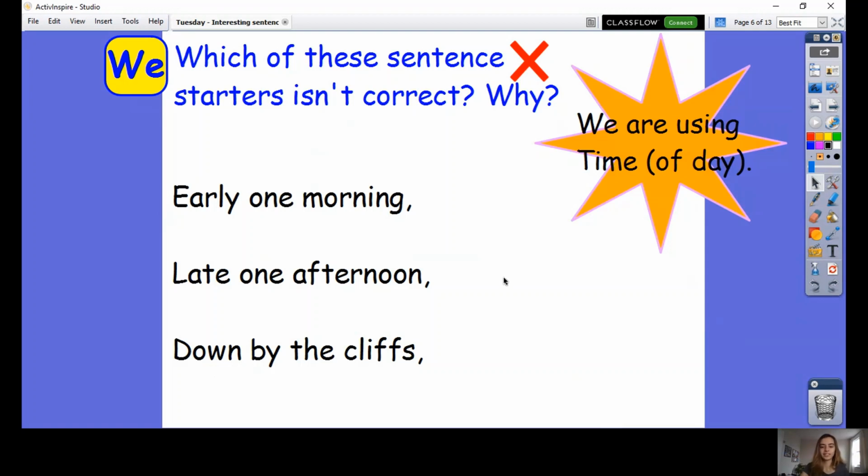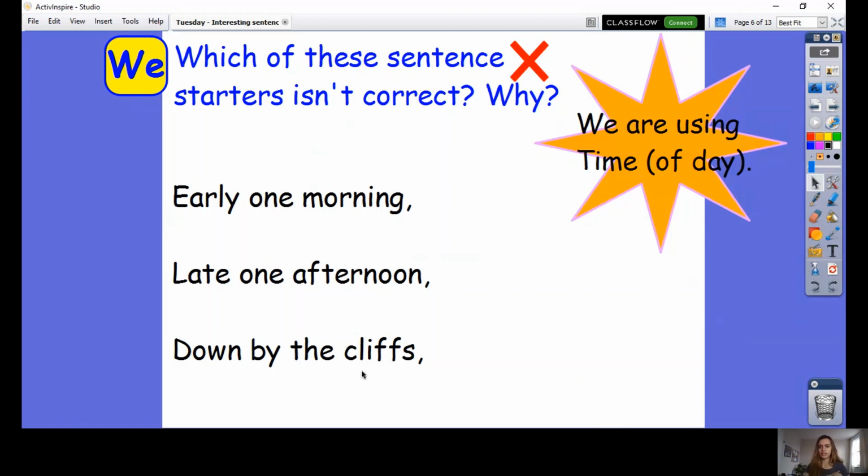Excellent, let's find it together. Early one morning. Is that the time of the day? Yes, it is. It happened early in the morning. It's telling us not in the afternoon, not in the evening. It happened in the morning, so that definitely is the time of the day. Late one afternoon. Yeah, that is telling us it happened in the afternoon, so that is the time of the day. Down by the cliffs.